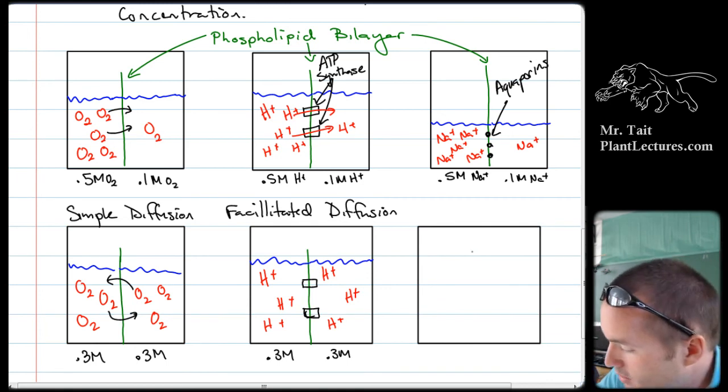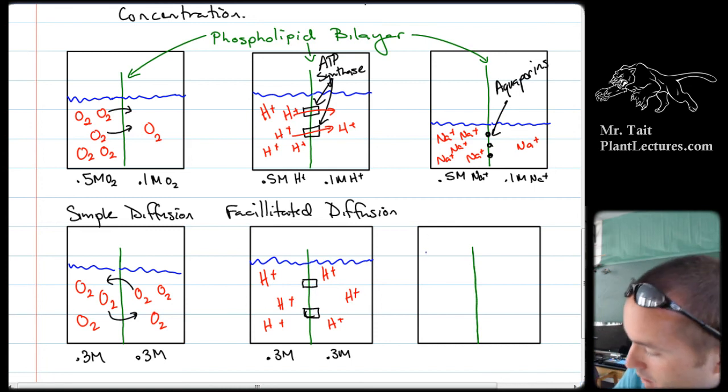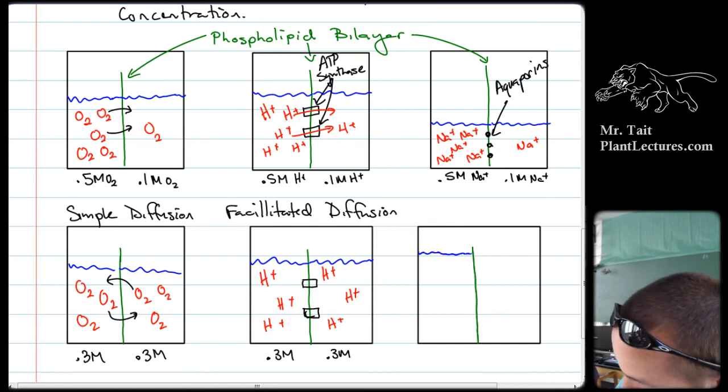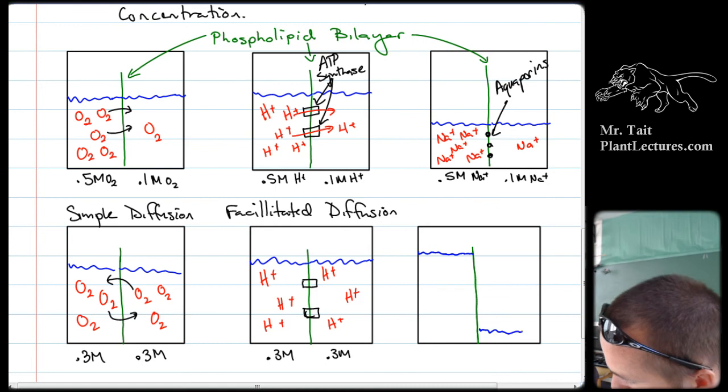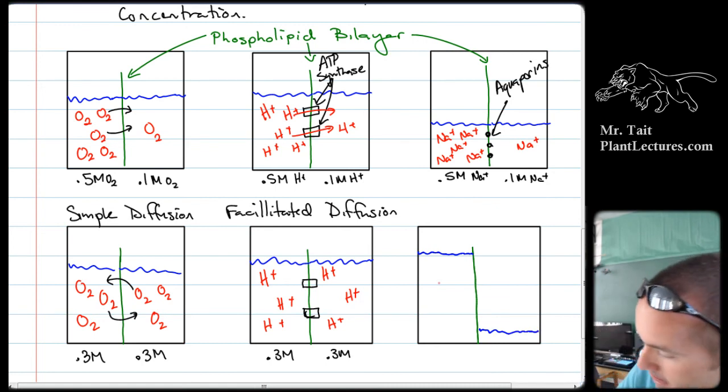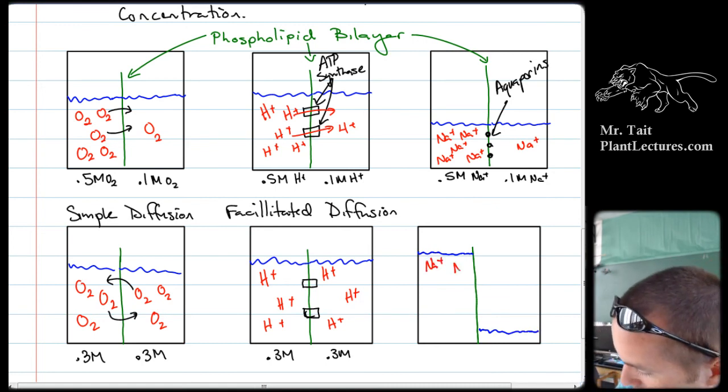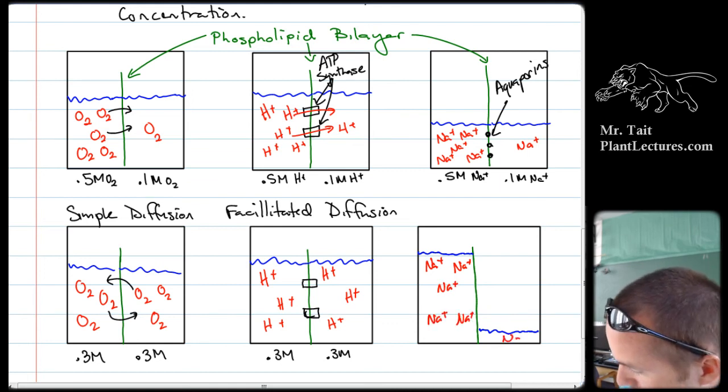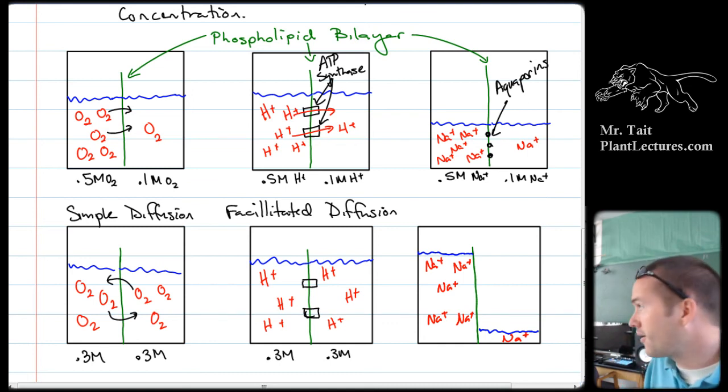And the only way to equal out the concentration, since the Na pluses can't move, is to have significantly more water on this side than there is on this side. So we still have the same amount of Na pluses. But the water has moved.